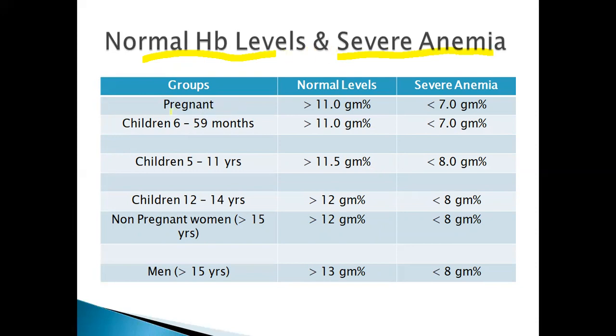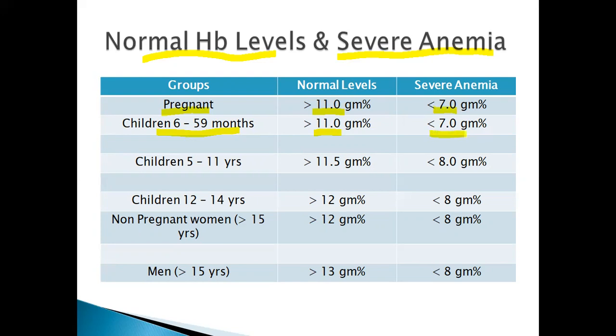So for pregnant women and for children 6 to 59 months, that is Anganwadi going children, the normal level of hemoglobin is more than 11 gram per cent, and accordingly, their severe anemia is below 7 gram per cent.